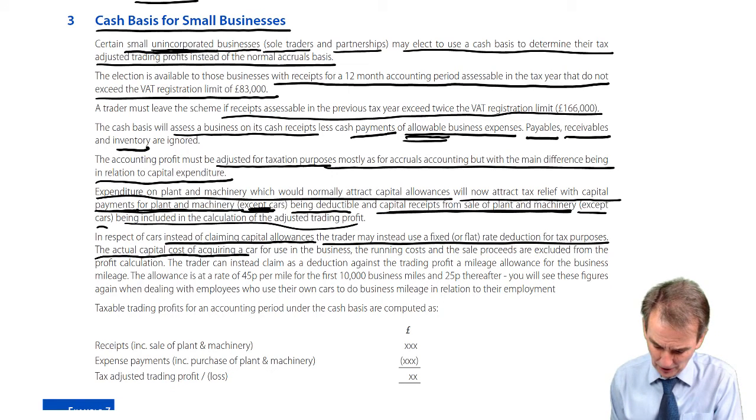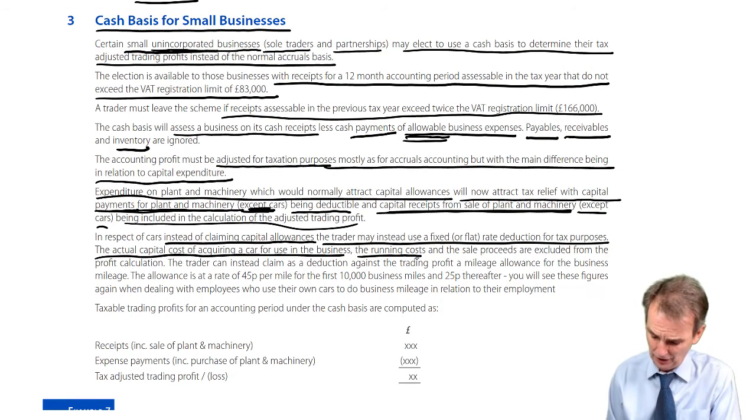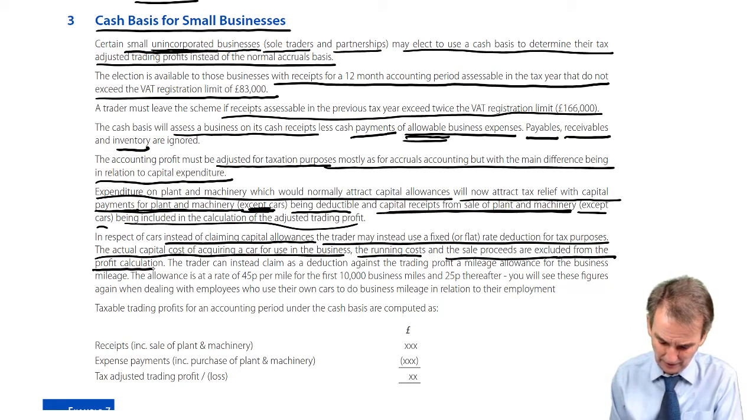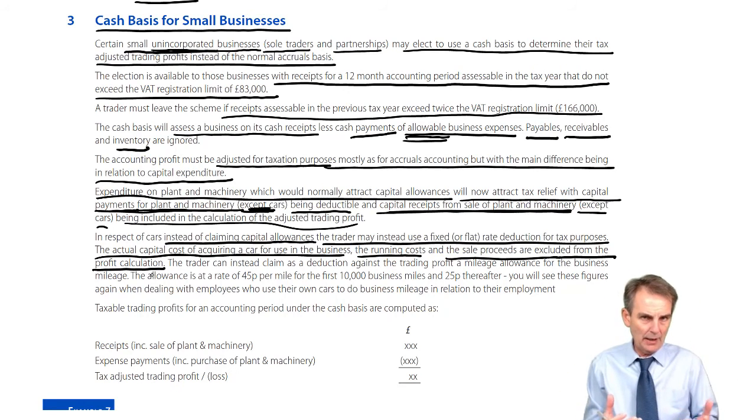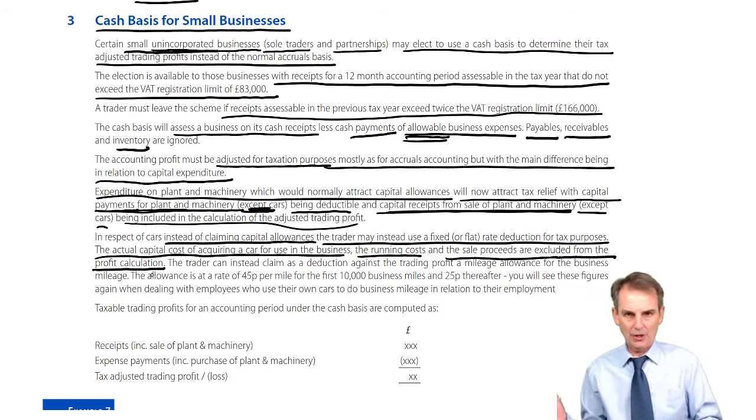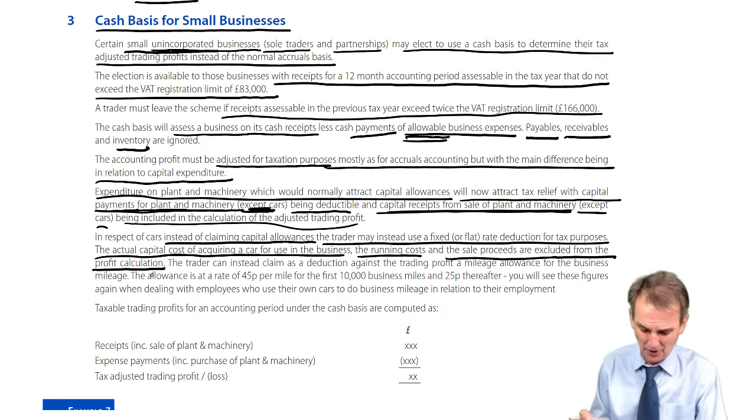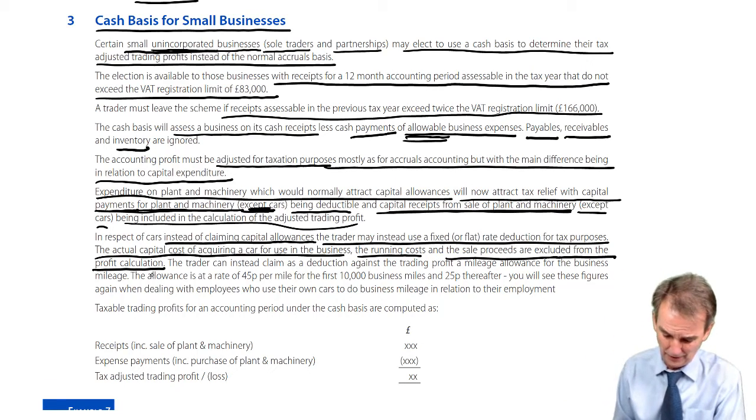The actual capital cost of acquiring a car for use in the business, the running costs year on year, and the eventual proceeds when sold are excluded from the profit calculation. So when we buy, when we sell, in between the running expenses, the payments, the receipts are not going to go through our calculation of profit.